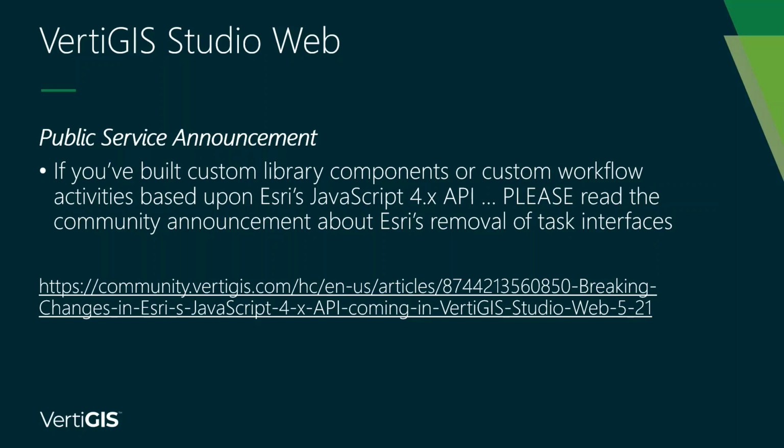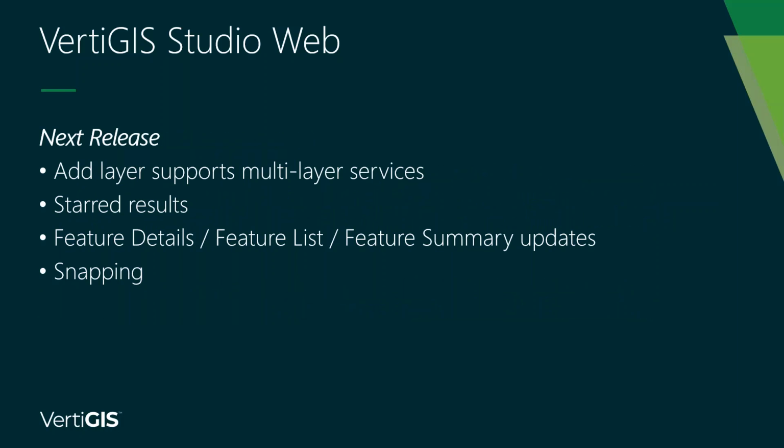It might address as much as 15% of the surface area of Esri's JavaScript 4.x API, and a lot of the common things you would have done, like I want to do a buffer, I want to run a geoprocessing task, you may have configured those to use the task interface, and if you did, that won't work anymore. So please do take a minute and go have a read.